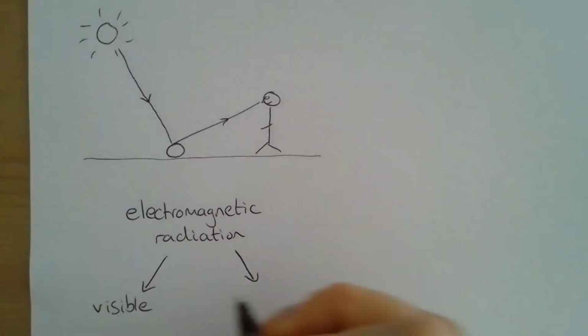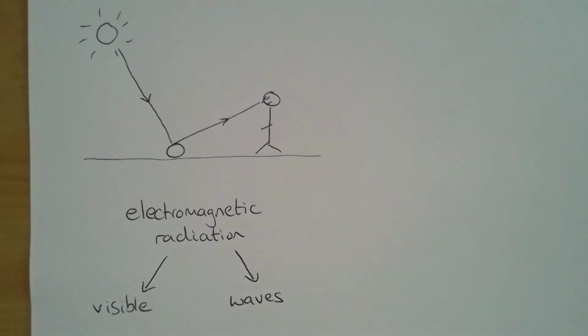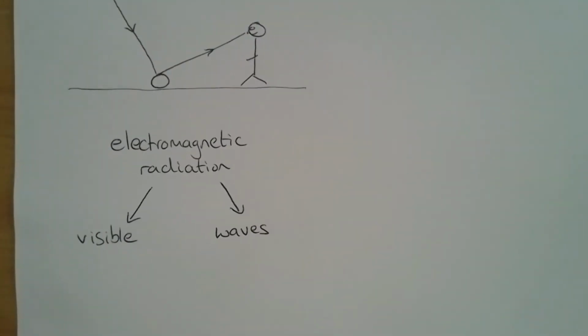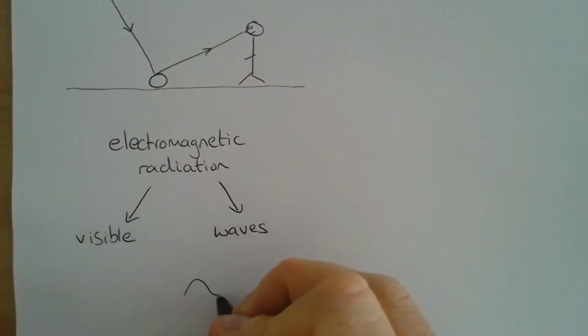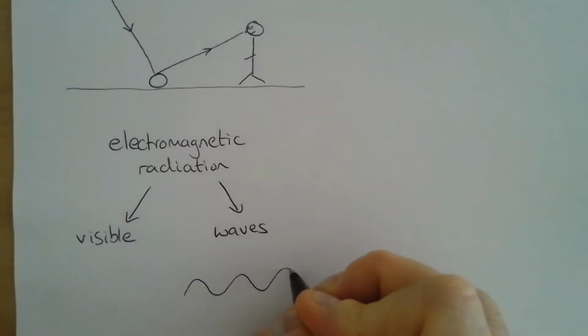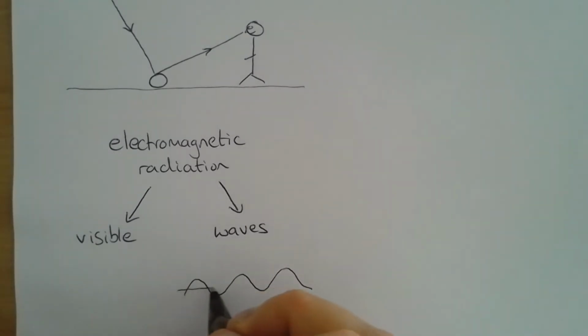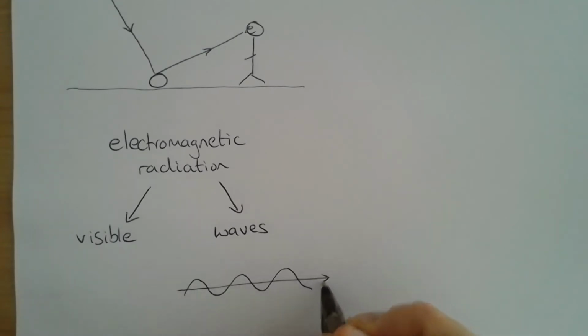Electromagnetic radiation travels as waves, and we'll do a lot more work on this in the future, but it travels as electromagnetic waves.